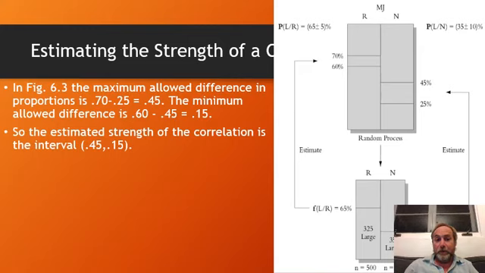So we'll take 0.7 minus 0.25, so that's 0.45, the widest range, and then we'll take 0.6 minus 0.45, so 0.15 is the smallest. So then we can say the estimated strength of the correlation is the interval 0.15 to 0.45. So the strength of the correlation is somewhere in there between those two values.